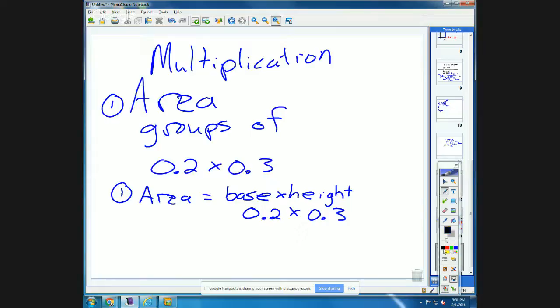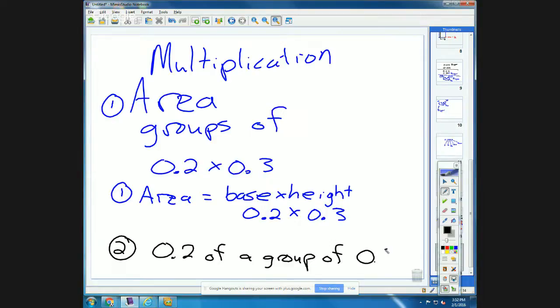And the other option is to try and draw what is 2/10 of a group of 3/10. And so then I have to show 3/10 and then try to identify what is 2/10 of that 3/10. And we tried drawing that before in class. So let's give that a shot.